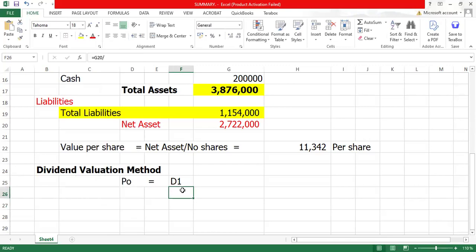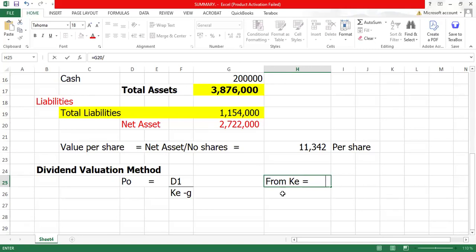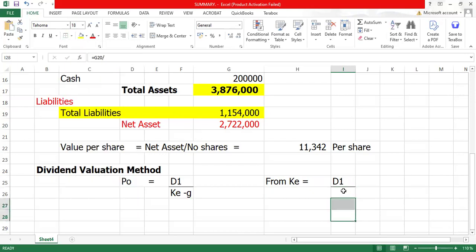D1, everything divided by KE, that is cost of equity, minus G. If you cannot recall this, because in an exam you may forget this, you say from KE is equal to D1 over P naught, then plus G.